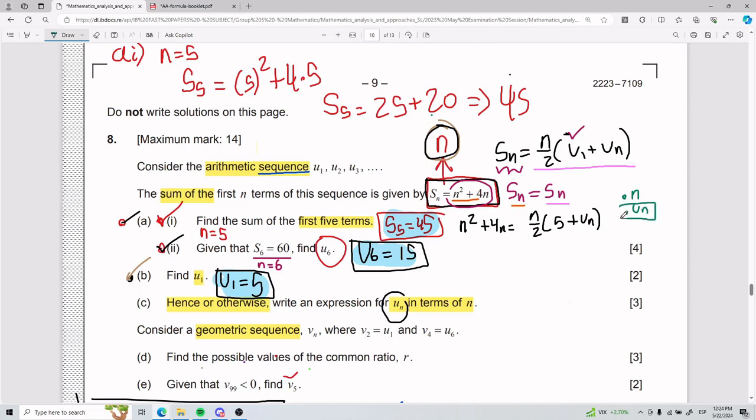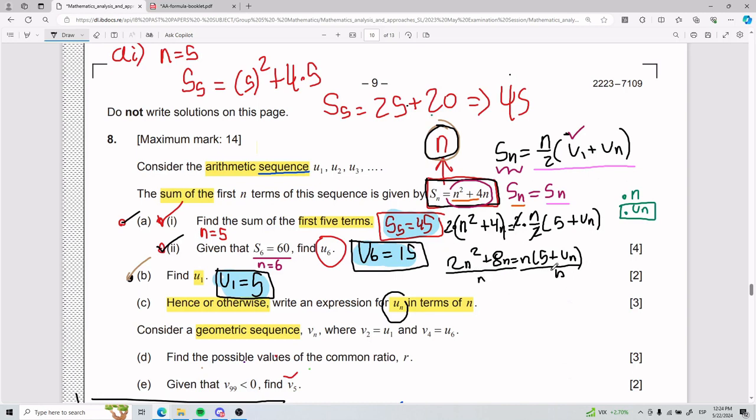So if you get UN alone, you end up with UN in terms of n. So that being said, to solve from here, you want to get UN alone. I think it's easiest if you first multiply everything by 2 to get rid of this fraction. So you end up with 2n squared plus 8n equals n, parentheses 5 plus UN. You want to keep getting UN alone so you can divide by n, like everything, right?